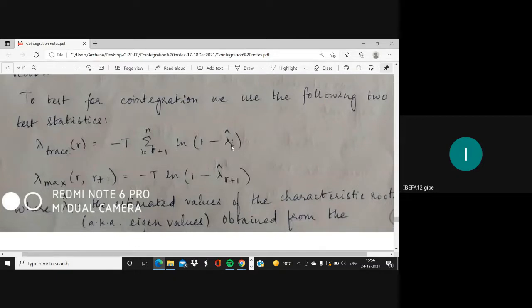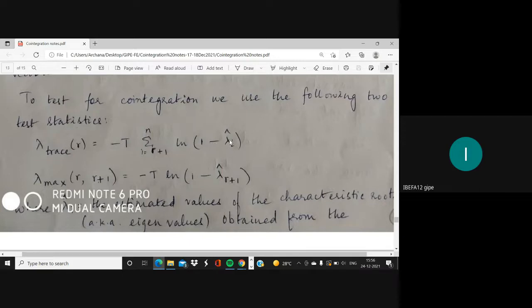So in general, if you have at least one co-integrating vector, or if the rank of the matrix is at least equal to 1, which means that there is at least one non-zero characteristic root, then lambda i will lie somewhere between 0 and 1.